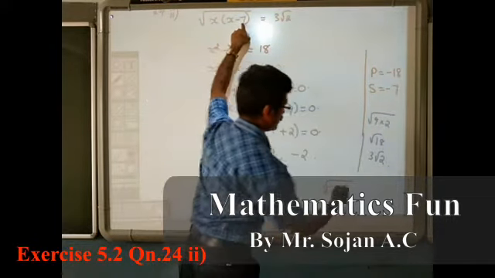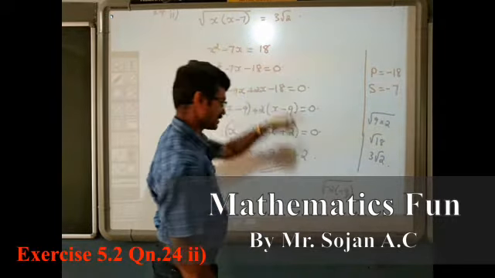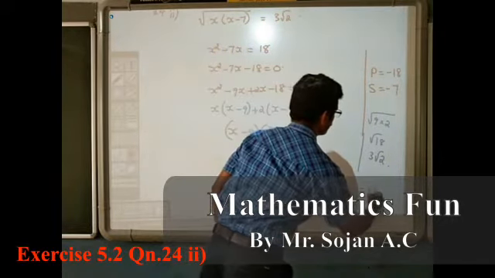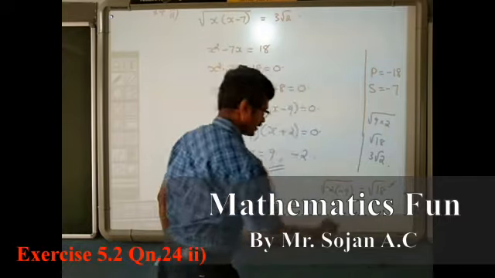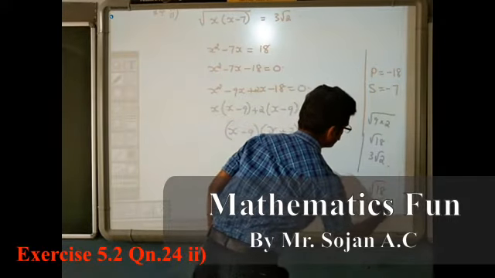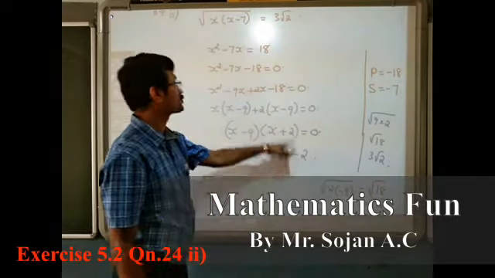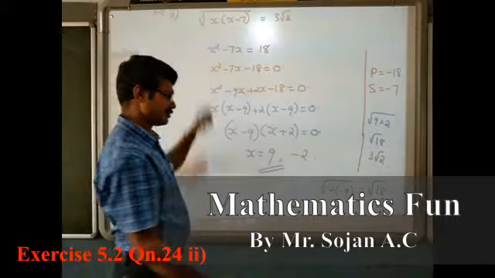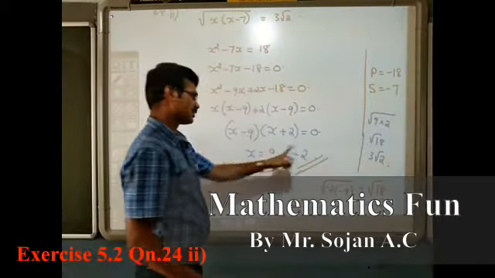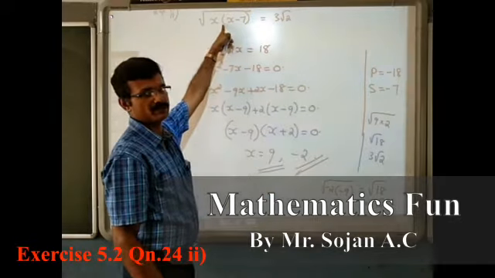Minus 2 minus 7 is minus 9. So it comes to root 18. Root 18, yes, again it is 3 root 2. So that means minus 2 also satisfies. That means here there is no problem. Both are the roots of the given equation.